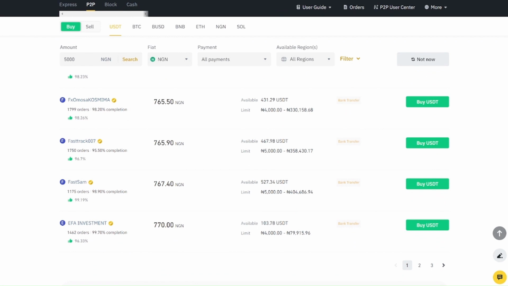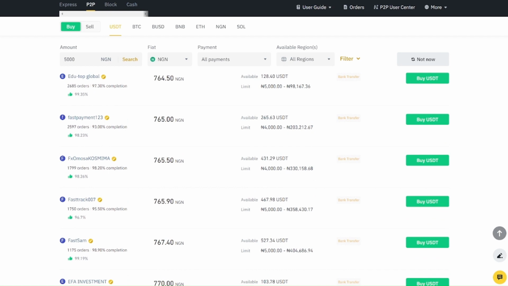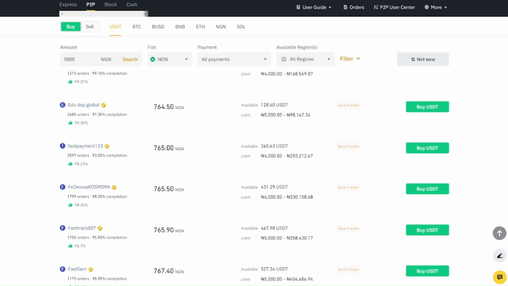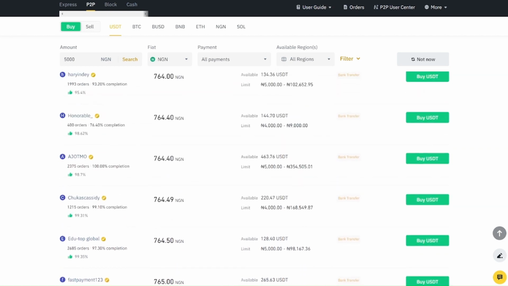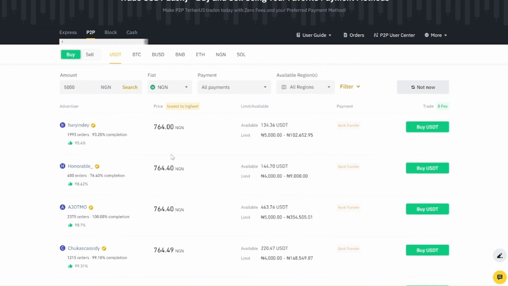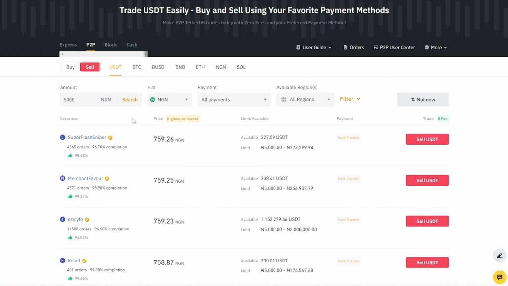Remember, you have to buy a low amount of crypto from people that do not have a lot of money to trade on Binance.